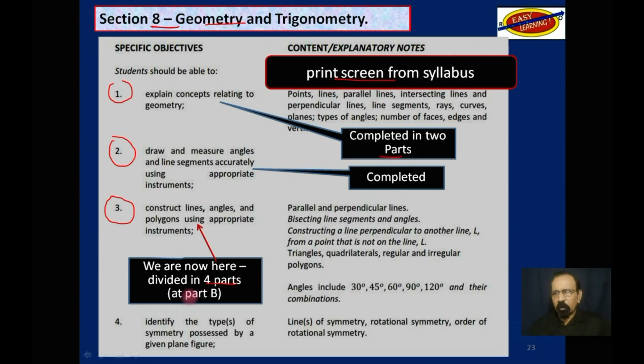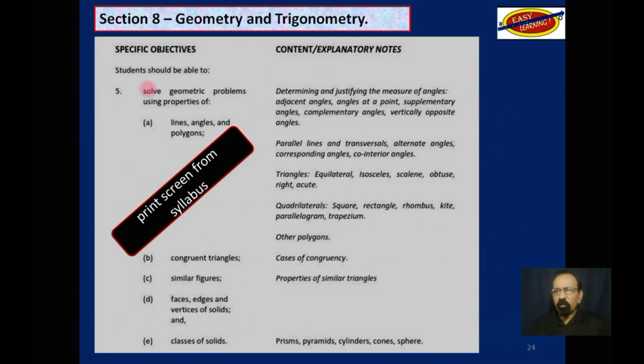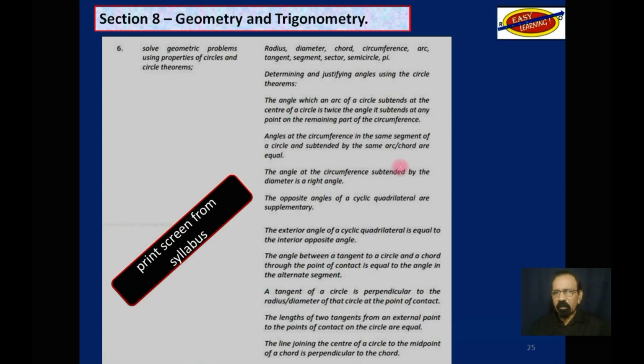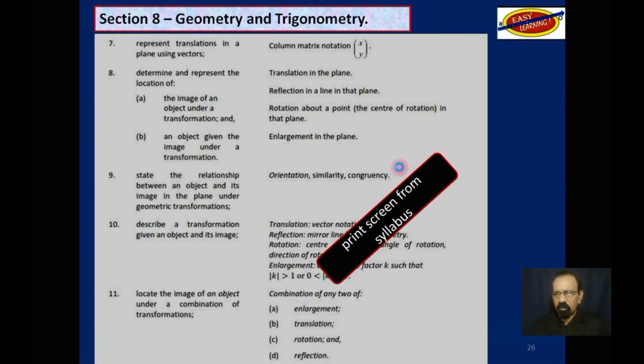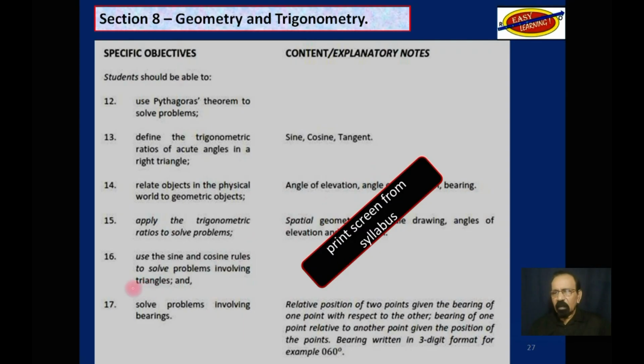We are now at part B, the second part. And we continue with print screens from that section with more objectives, and some more objectives. And finally, the last set of objectives, which would take us to objective 17.